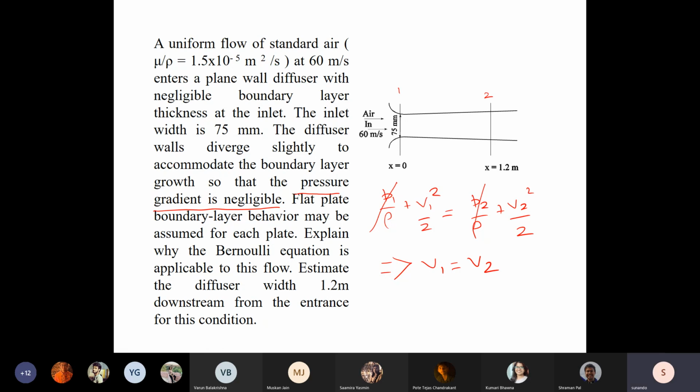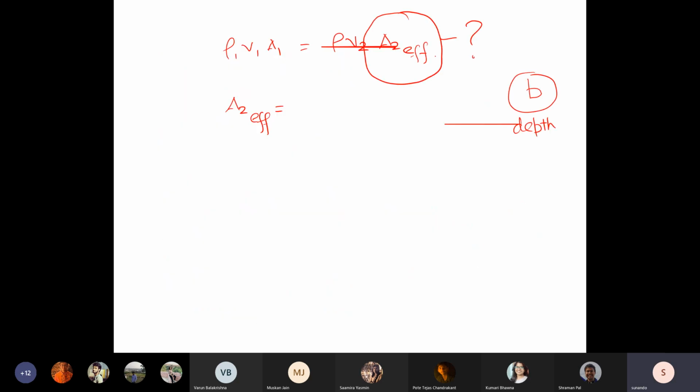I just want to get your response since I cannot see you. Are you comfortable with this concept? You perfectly understood the significance of displacement thickness? If not, you can always ask me to repeat this. So I assume that you understand it.